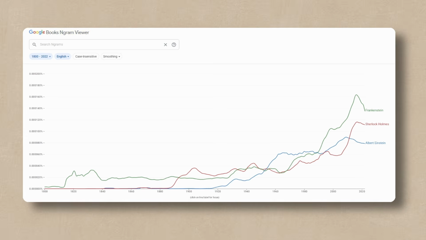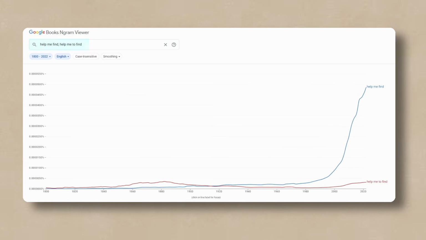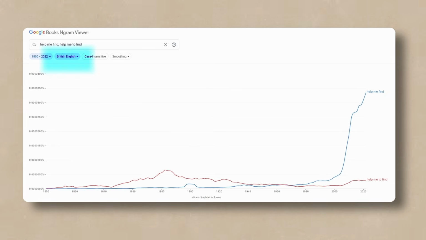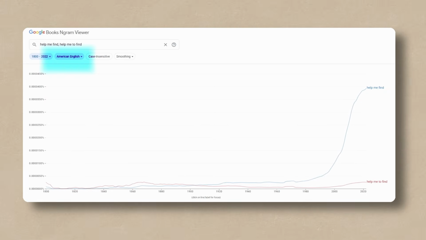You can type anything here, but let's compare the phrases help me find and help me to find. So you can see here that in the 1800s, the to infinitive was the preferred choice. But today, the base verb after the object is much more common. And this is true for both British and American English.